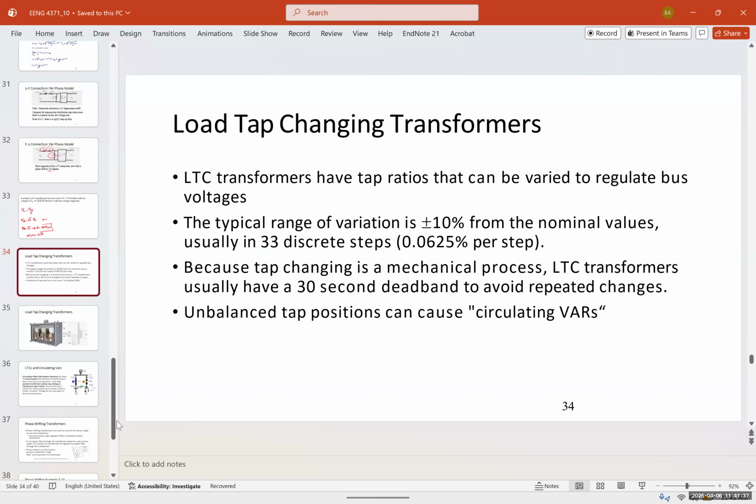Usually it has 33 discrete steps, with each step being 0.0625% per step. And because the tap changing is a mechanical process, they usually have a 30-second dead band to avoid repeated changes. And unbalanced tap position can cause circulating volt amp reactives.